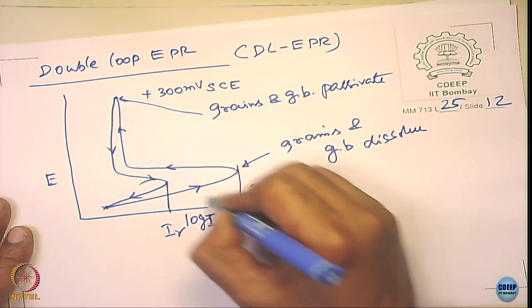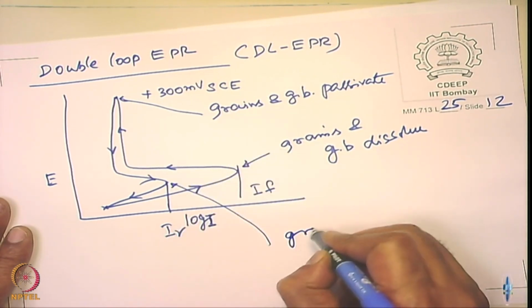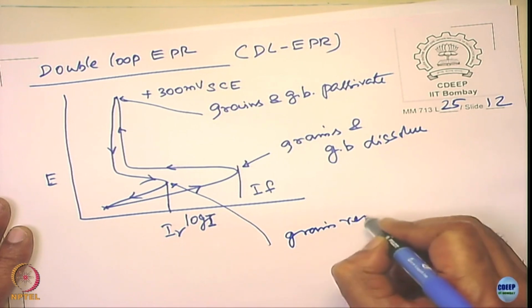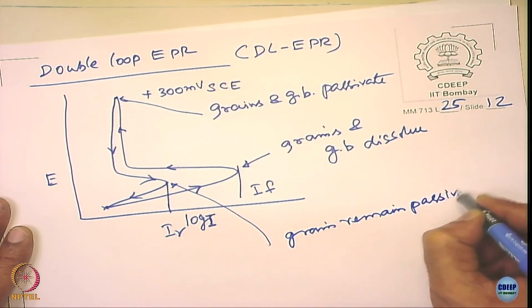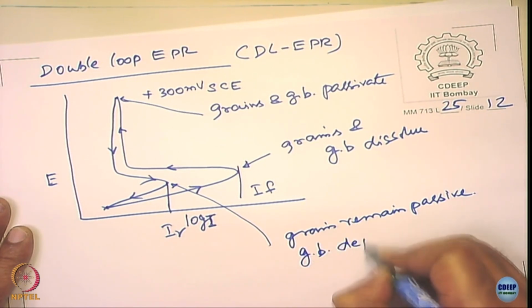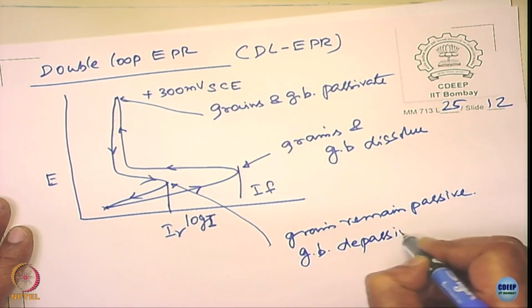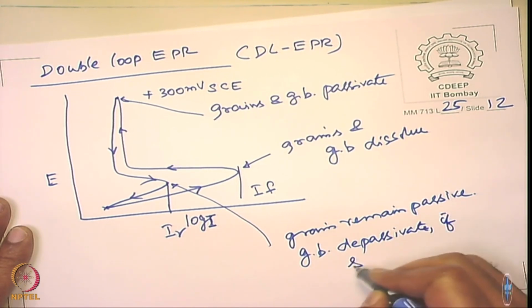And what happens here? Grains remain passive, while grain boundaries depassivate if sensitized.